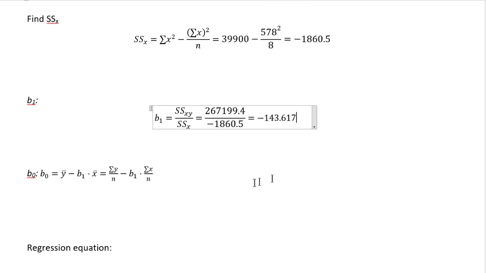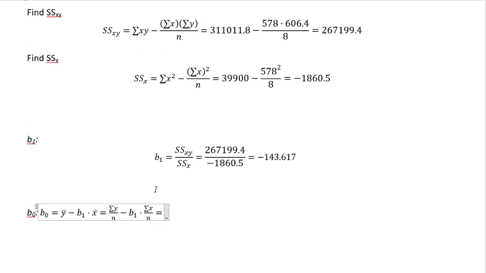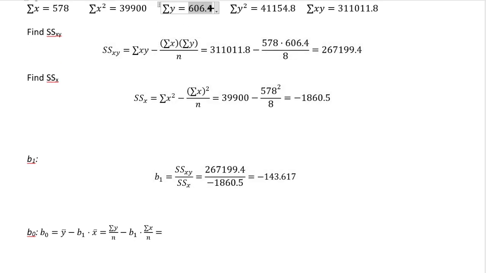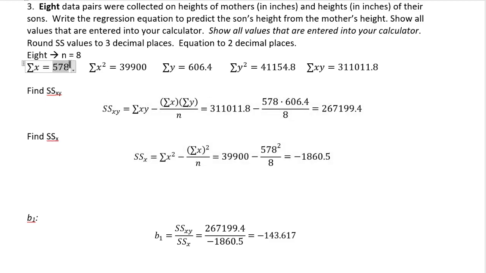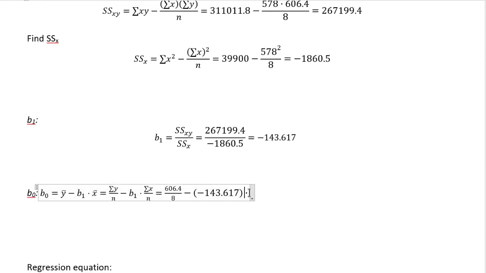Okay, and now for the B0, it's equal to sum of y over n, so 606.4 divided by n, which is 8, minus the negative 143.617, and then times sum of x, 578, and then you divide this by 8 also.